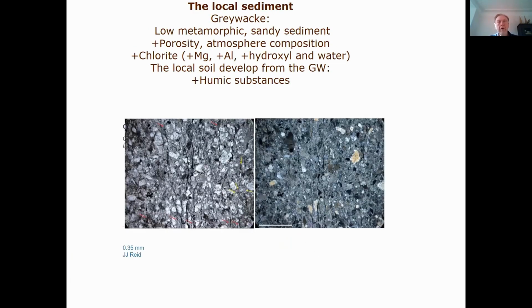Now, the local sediment, the graywacke, just to emphasize to you that we know that we are considerably changing this material. It is a low metamorphic sand-containing sediment. It has chlorite, and that is adding some chemistry, because the chloritization of the sediment adds magnesium and aluminum and some hydroxyl and water.